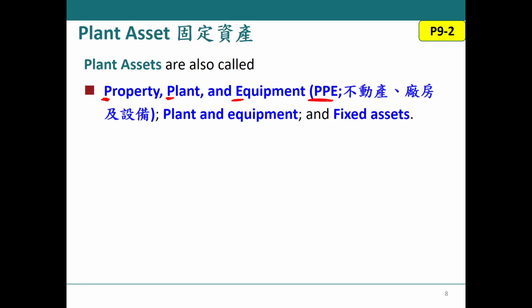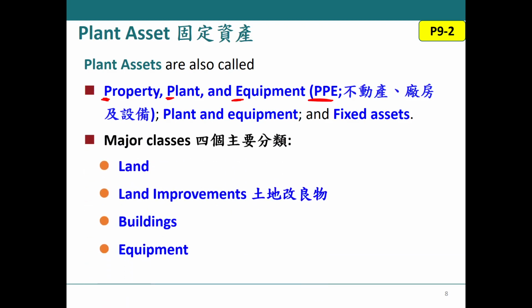Or sometimes you will find they call them plant and equipment, or fixed assets, totally the same. So you should understand, they call it plant assets, PPE, plant and equipment, fixed assets. Actually, they are the same, using different names. The 4 major PPE we have: land, land improvements, buildings, equipment.